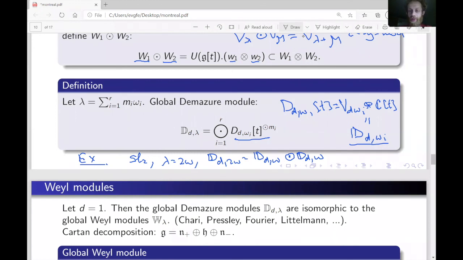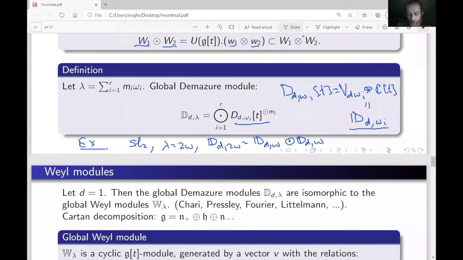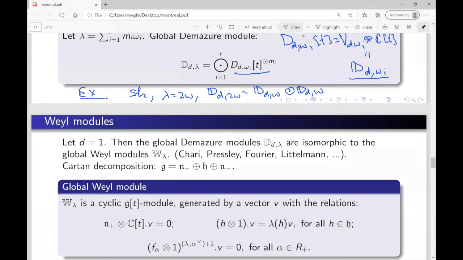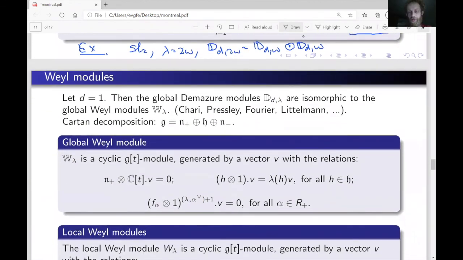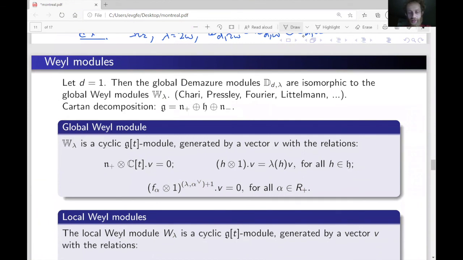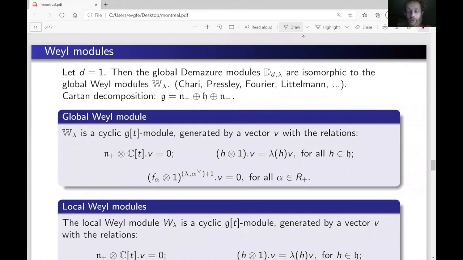So before that, let me give you the relatives of those modules, or rather special cases. So these are the Weyl modules, the global Weyl modules. So namely, if d is 1, then these D_λ are isomorphic to the global Weyl modules.